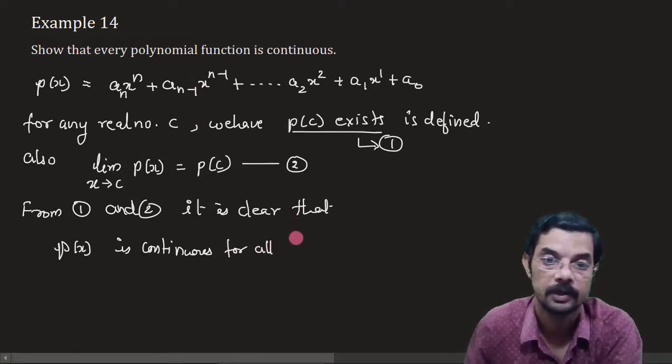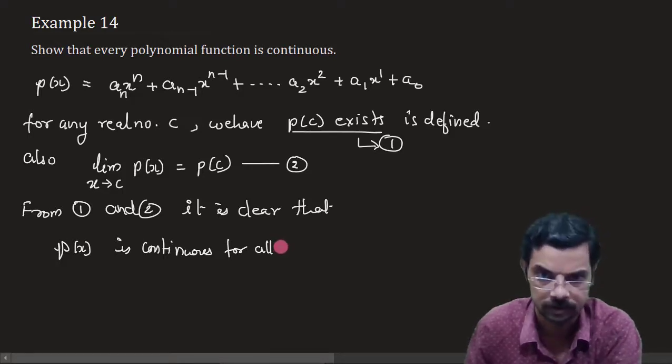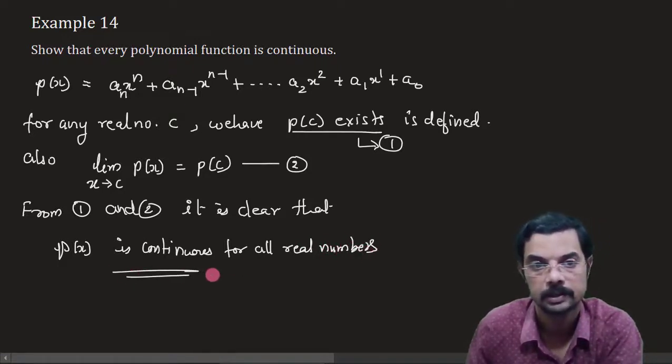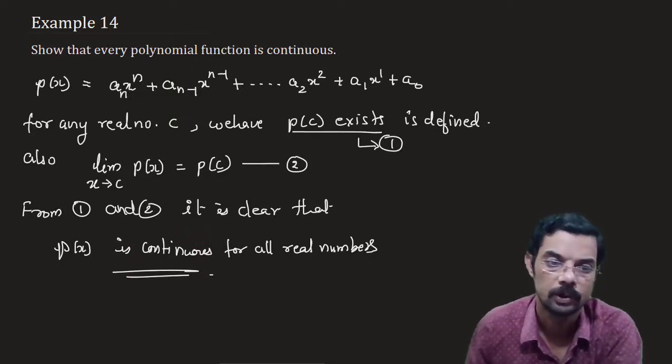See, we have defined that everywhere continuous means if it is continuous for any real number, then we say that it is continuous for all real numbers, or everywhere continuous, or a continuous function.